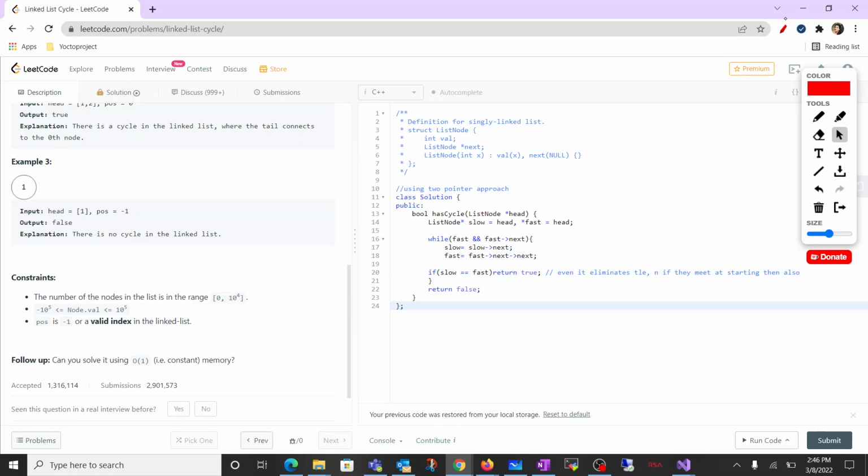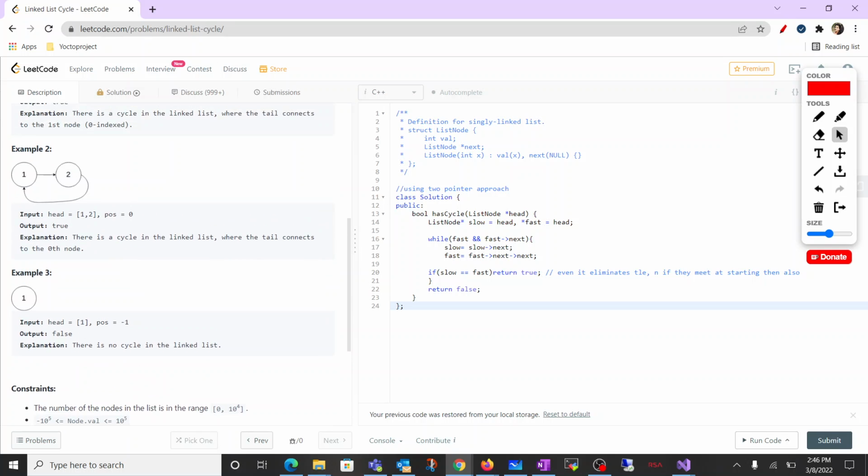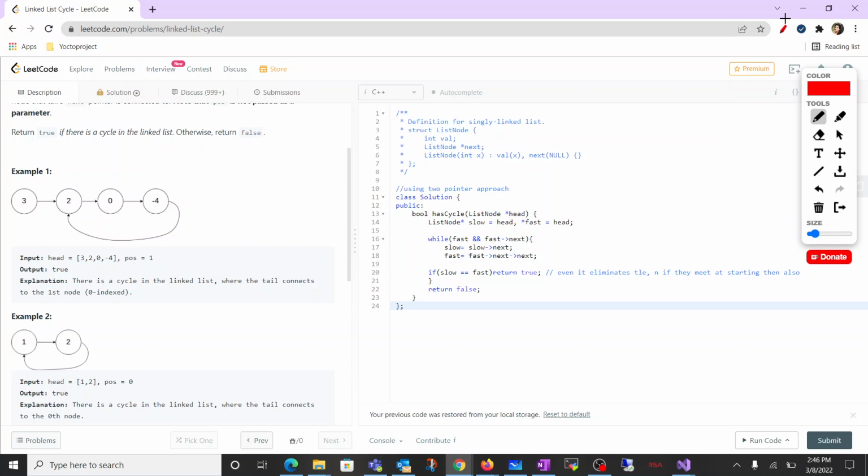So here the number of nodes is 10 raised to power 4, right? If in the worst case we have a linked list which has a cycle, say it goes till 10 raised to power 4, and it then comes back here, means after it completely traverses this particular linked list, it again comes to this first node itself, and then it again goes ahead, and like this it will surely be such a huge linked list repeating itself again and again, right?